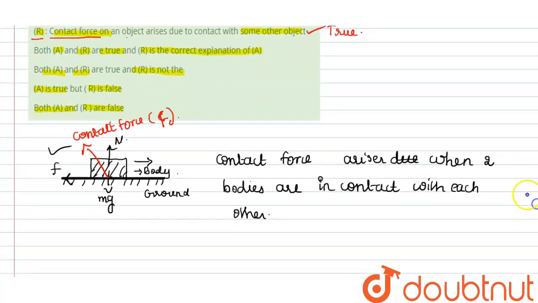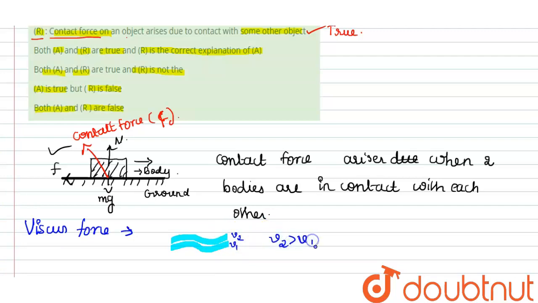First we consider viscous force. Viscous force acts between two liquid layers. Suppose we have two liquid layers like this, this is one layer and this is the other layer. Suppose the first layer is moving with velocity v2 and the second layer with velocity v1. Clearly v2 is greater than v1.